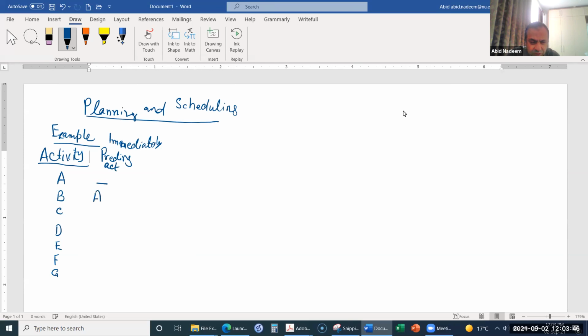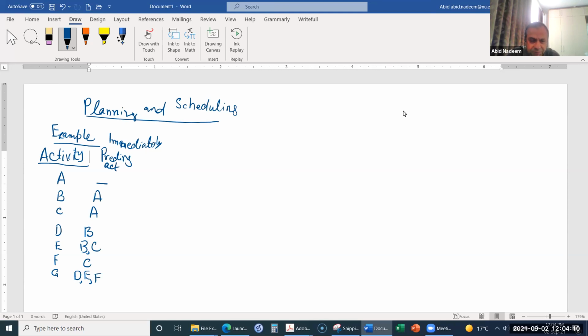For B, it is A; for C, A; and for D, it is B. For E, it is B and C, and for G, it is D, E, and F, which are three immediately preceding activities.